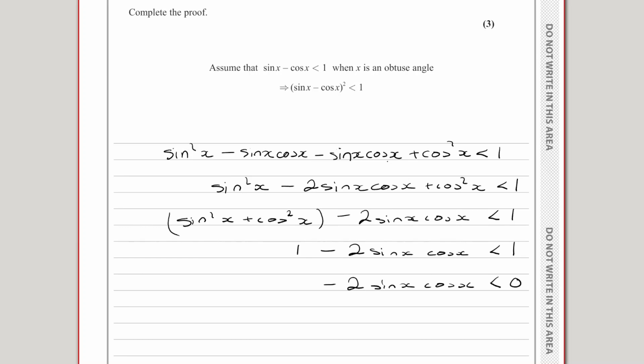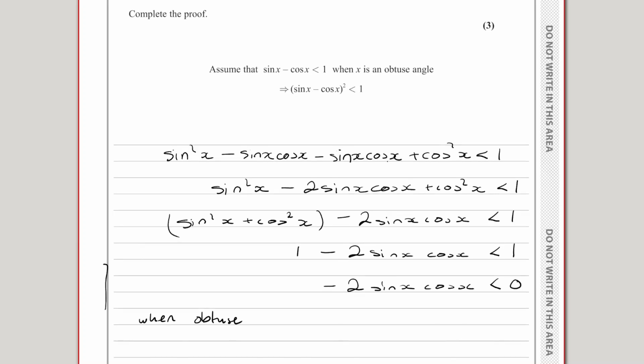And so the angle is obtuse. So when obtuse, for any obtuse angle, so an angle between 90 and 180, so in this quadrant over here, sine is always positive and cos is negative. So sine x is positive and cos x is negative. So here we're going to have a negative 2 times a positive times a negative.